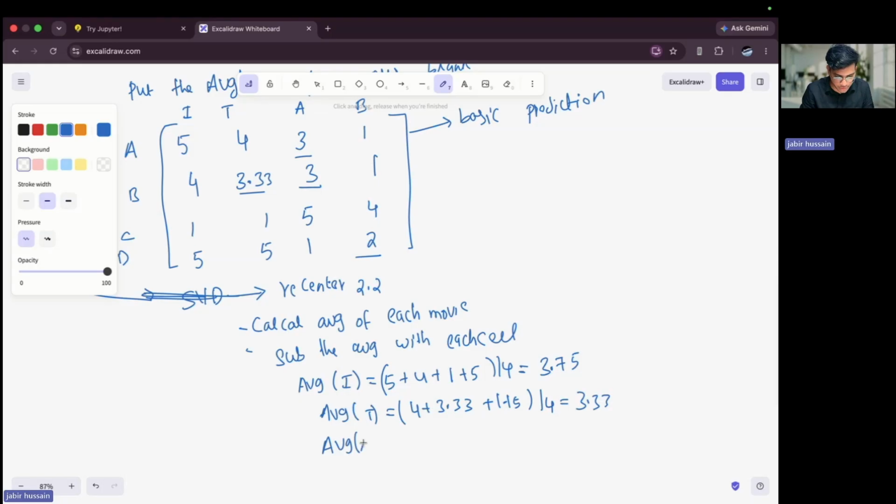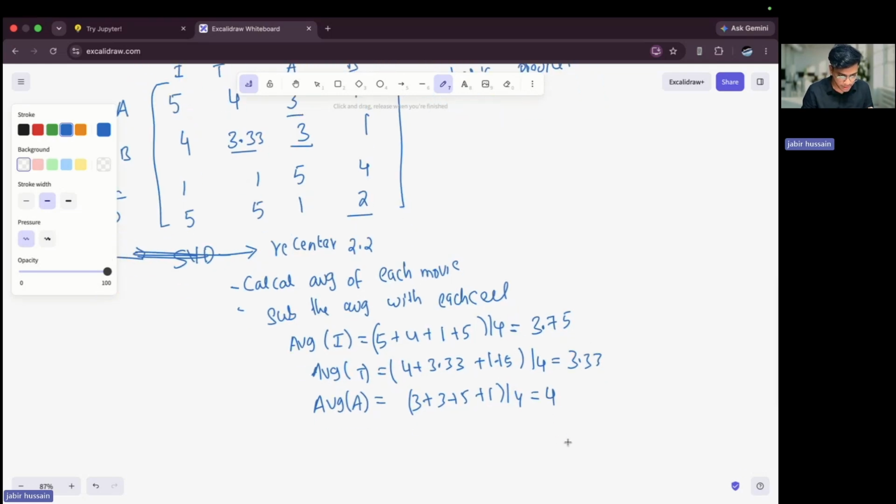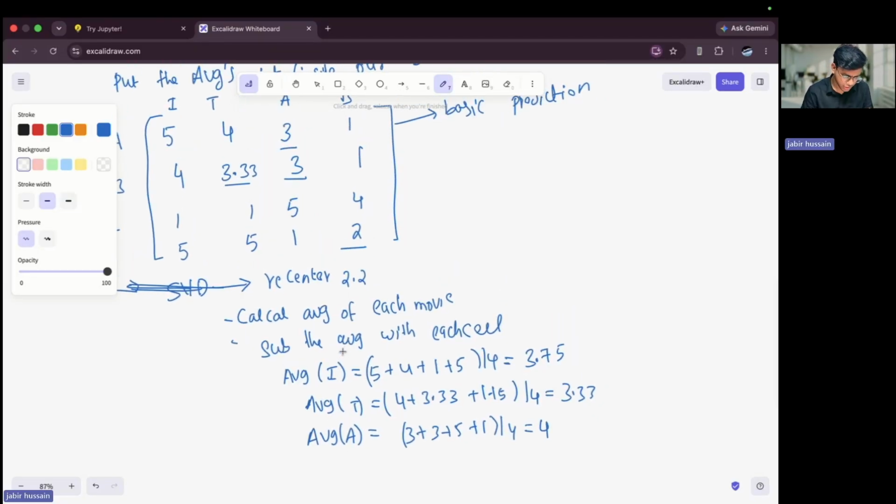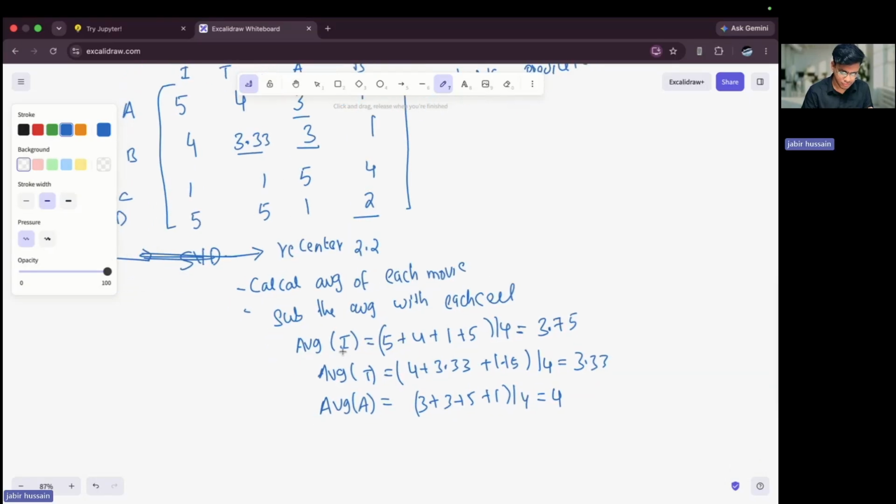The average of Avengers is equal to 3 plus 3 plus 5 plus 1, divided by 4. So it will give us 3. Are we going in the right direction? I think so.